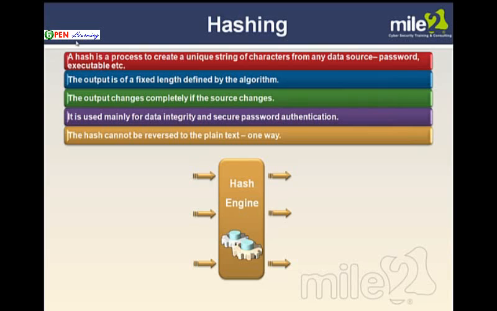In other words, your passwords have different lengths, your executables are different sizes, hard drives are different sizes, and we would hash these different sources, but they would come out with a fixed length result. And the reason we hash is to prove whether we have integrity, primarily, and also secure password authentication is listed here as well.